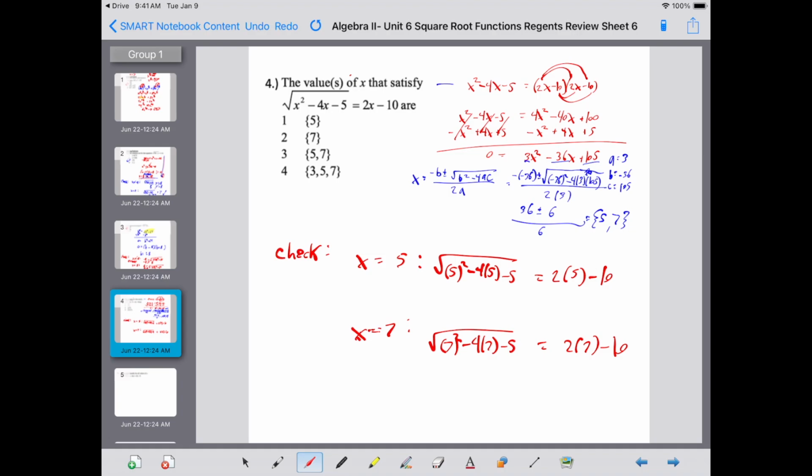So I get 0. 2 times 5 is 10. Minus 10 would be 0. So that checks. 7 squared minus 4 times 7 minus 5 is 4. 2 times 7 is 14. 14 minus 10 is 4. That worked out. Your answer is 5, 7. So in that case, you had no extraneous solutions.